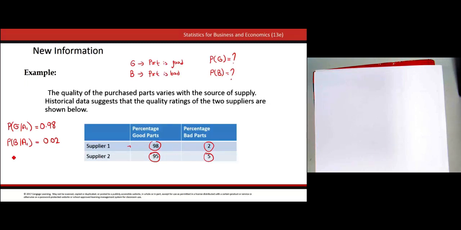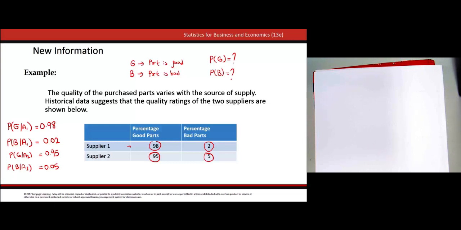What is the probability that a part is good, given it comes from supplier 2? 0.95. And what is the probability that a part is bad, given it comes from supplier 2? 0.05. These are conditional probabilities.